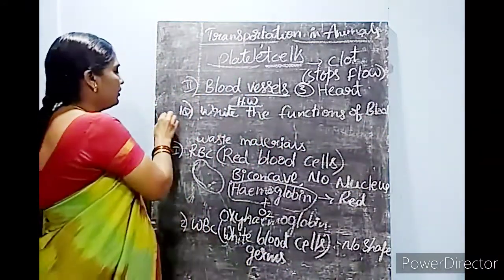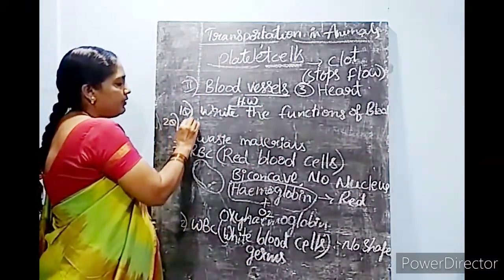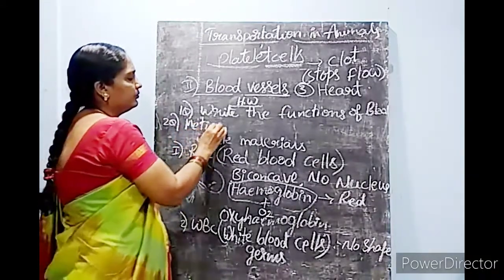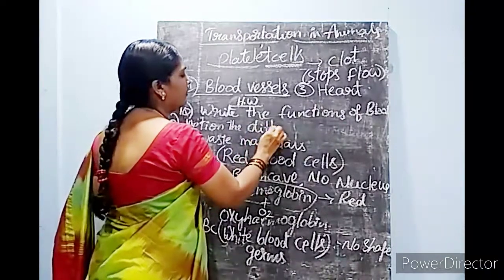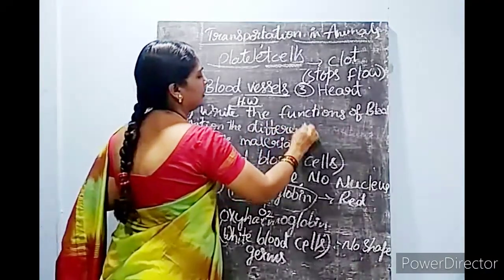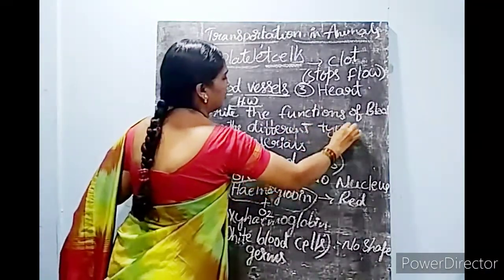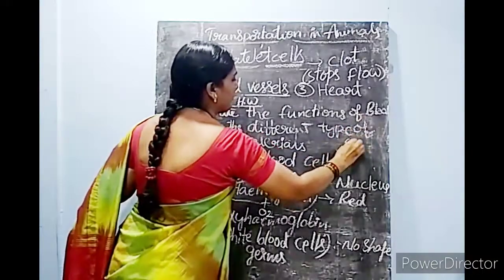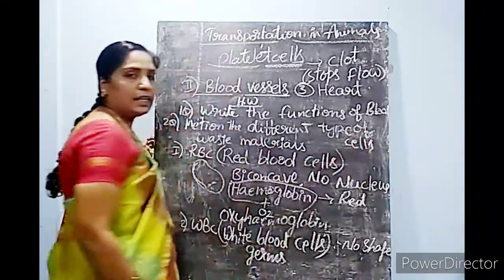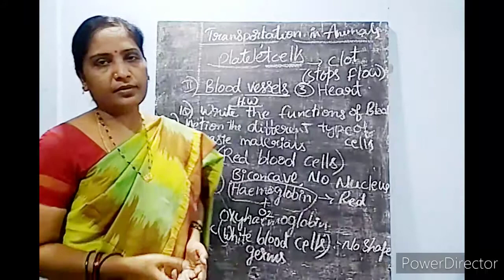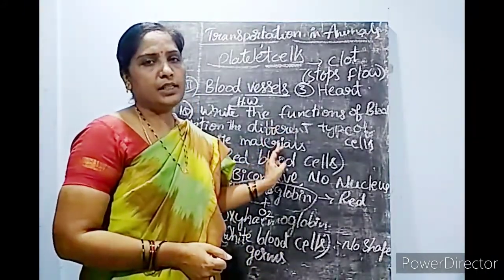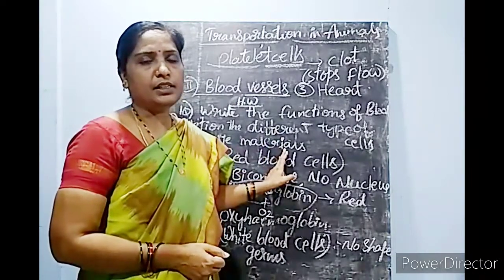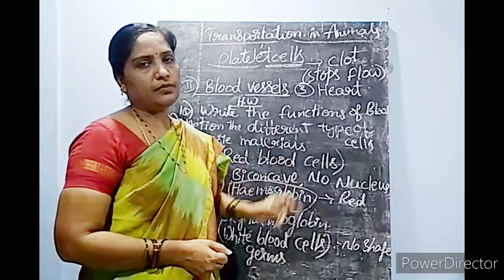And also mention the different types of blood cells and write their functions. Do this, write these two answers in your classwork, children, and send me the pics of that.